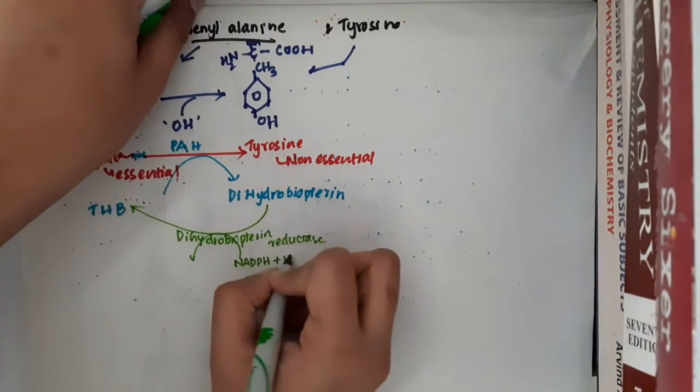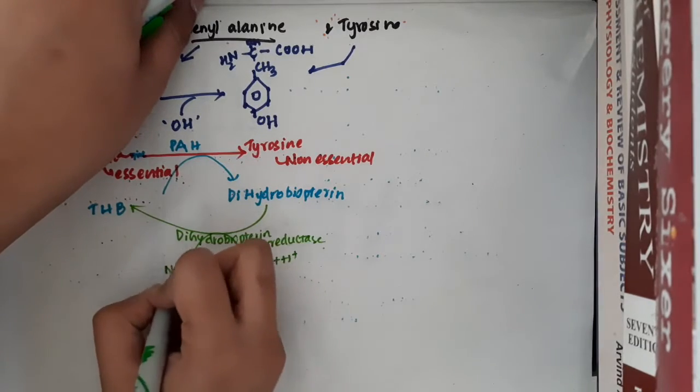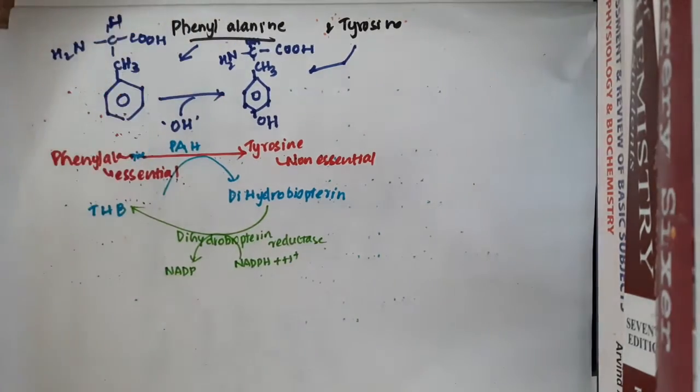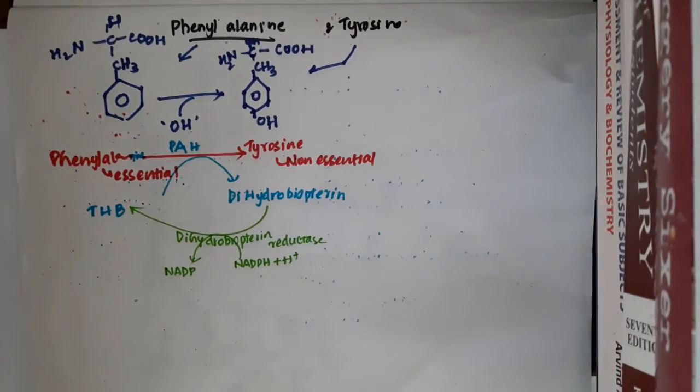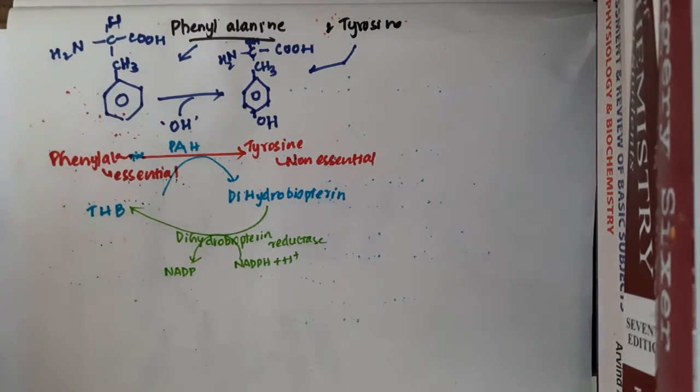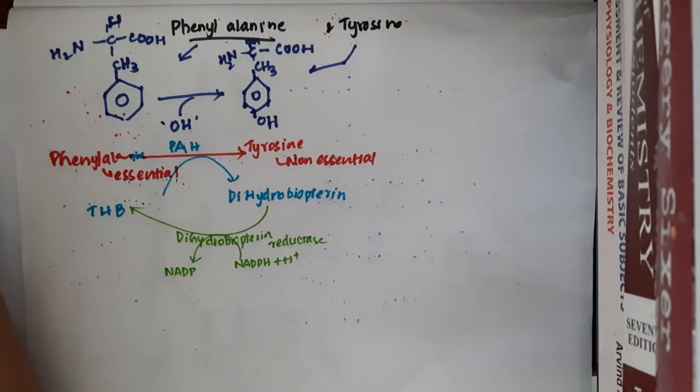Dihydrobiopterin gets converted to tetrahydrobiopterin in the presence of the enzyme dihydrobiopterin reductase, and during this conversion, NADPH plus H plus gets converted to NADP plus.